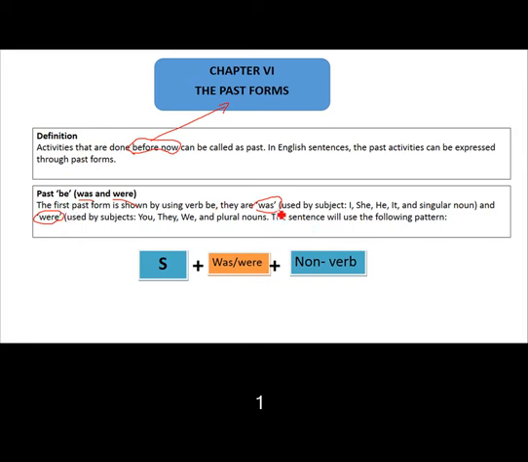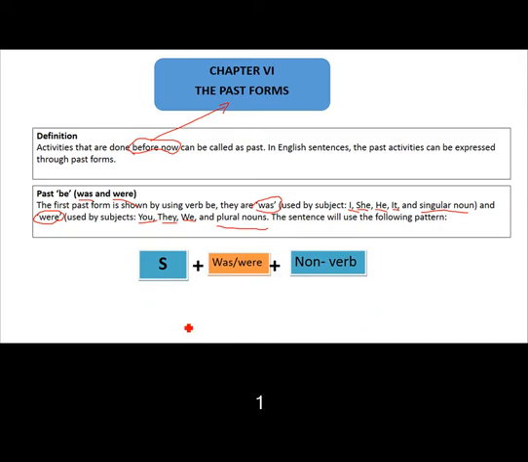The was can be used with the subject I, she, he, it, and singular nouns like Andy, the child, student. However, the be were can be used with the subject you, they, we, and plural nouns like Andy and Anna, the children, and the students.